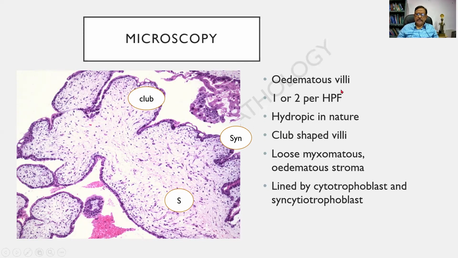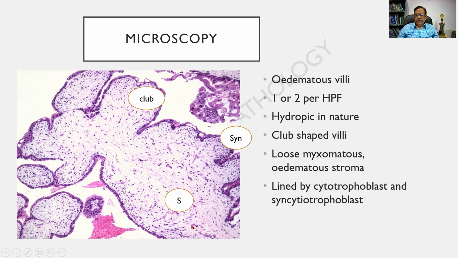Microscopically, what we see is edematous villi. A villus is nothing but a structure that projects. This is basically a chorionic villus that has undergone an alteration and is edematous. Normally, when we project it in a slide, I'll be able to see multiple villi in one particular field.